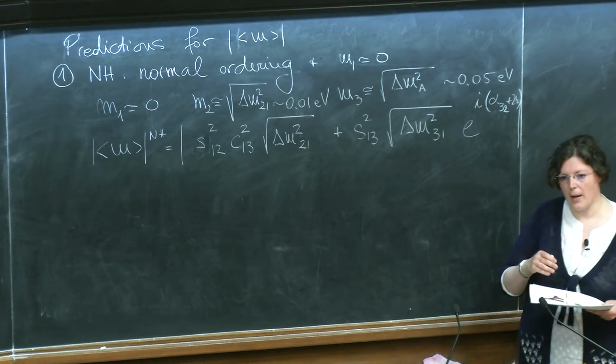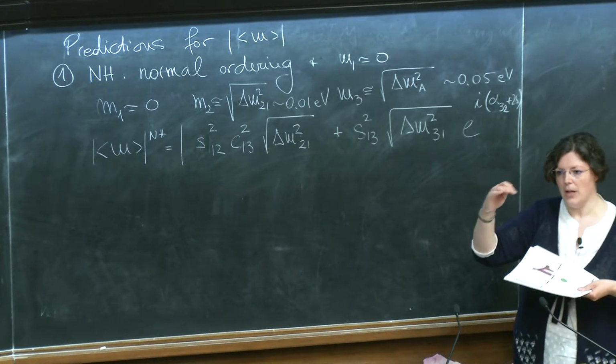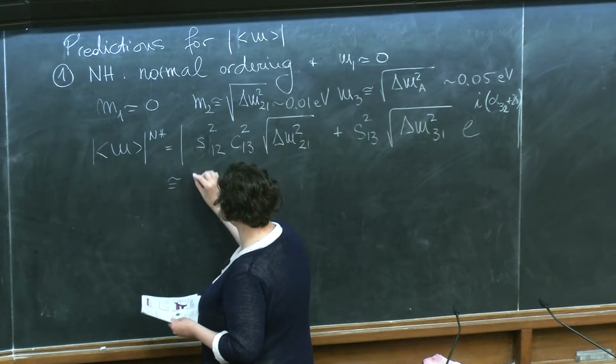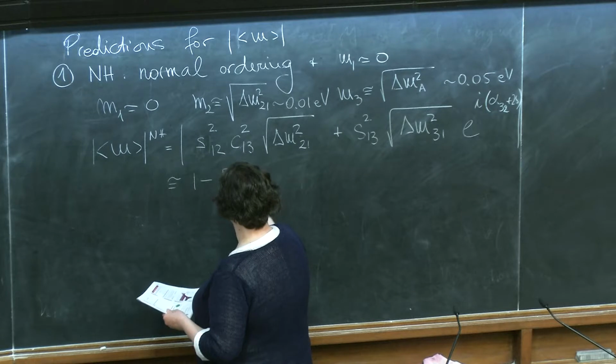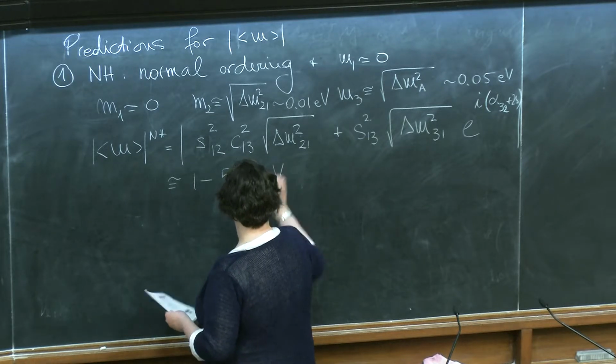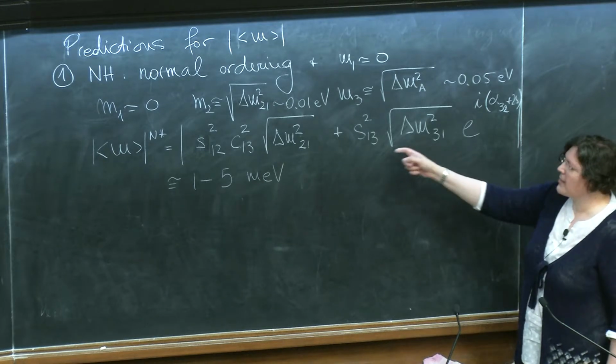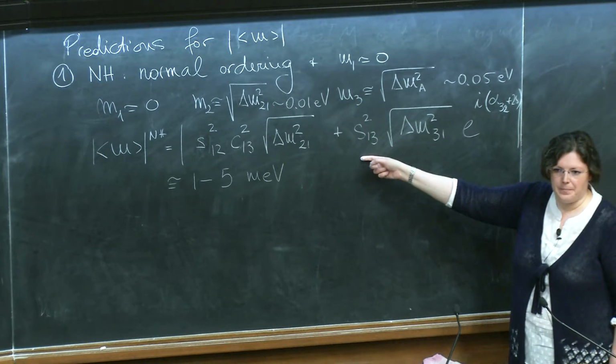So in this way, I can look at what are the extremes of the predictions for M effective in this case. And what you get is something in the order between 1 and 5 millielectron volts. So it's extremely small. It's small because the largest mass is suppressed by the small mixing.